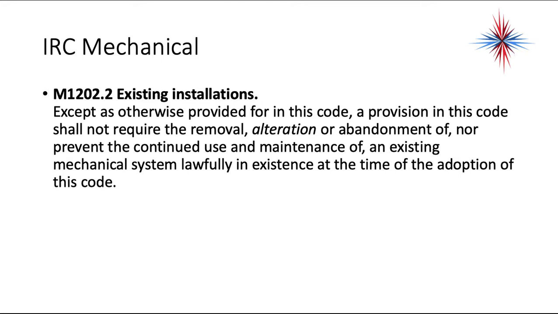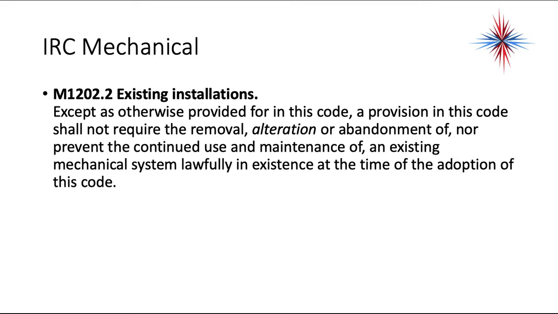Okay, existing installations are addressed. Except as otherwise provided for in this code, a provision in this code shall not require removal, alteration, or abandonment of, nor prevent the continued use and maintenance of, an existing mechanical system lawfully in existence at the time of adoption of this code.